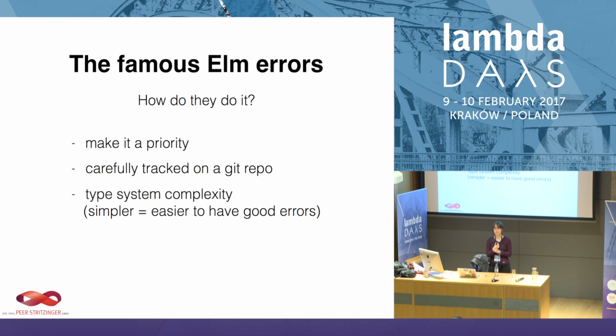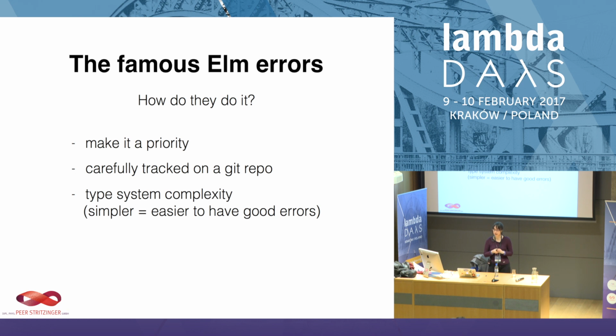And how do they do that? Because great error messages are not really common, even though they're getting more common because other languages are getting inspired by it, like Rust is adopting that, and even GHC is trying to adopt that. So how do they do it? Well, they made it a priority at the very beginning of the project.